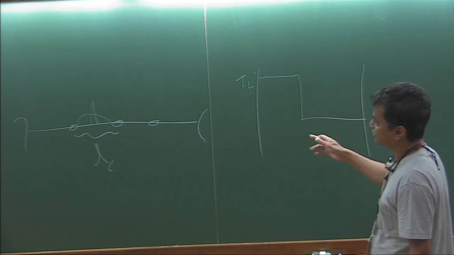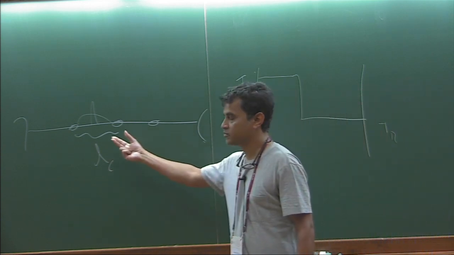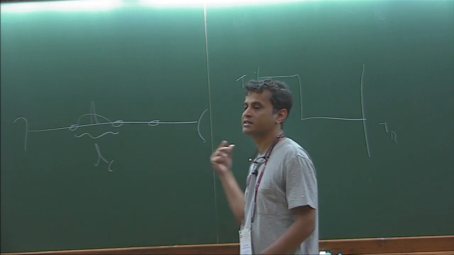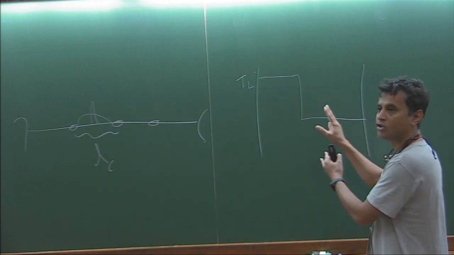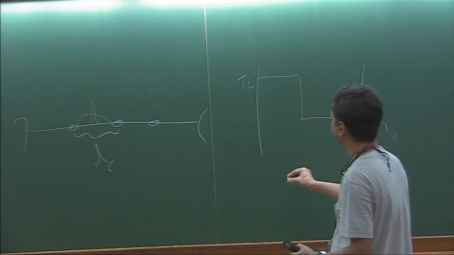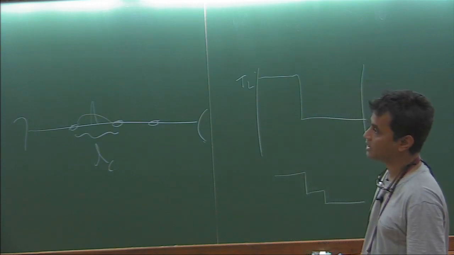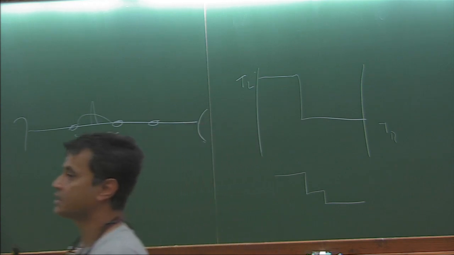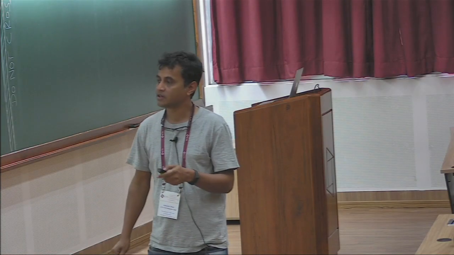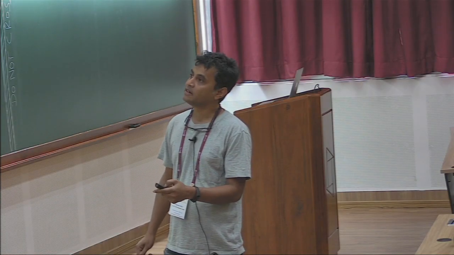Now of course, if there's a chaotic island somewhere in the middle, then that also acts like a thermal reservoir, and then what you expect is that you should get a profile like that. So that's one direct way to check if these chaotic islands are real or not, and this is something we tried.